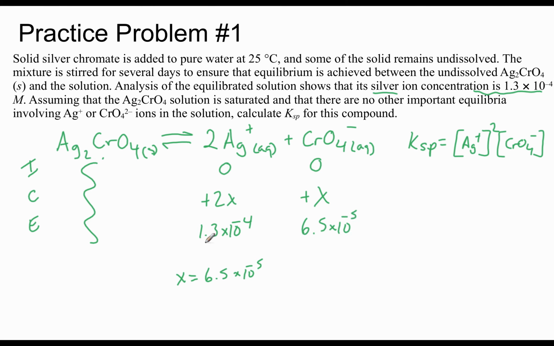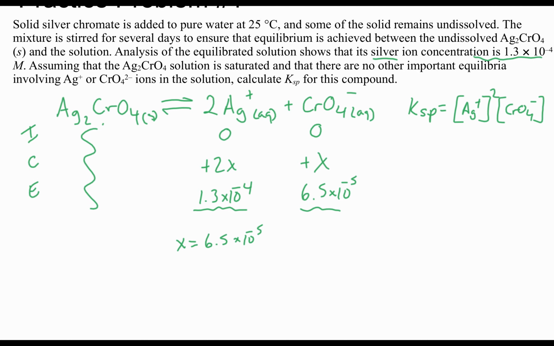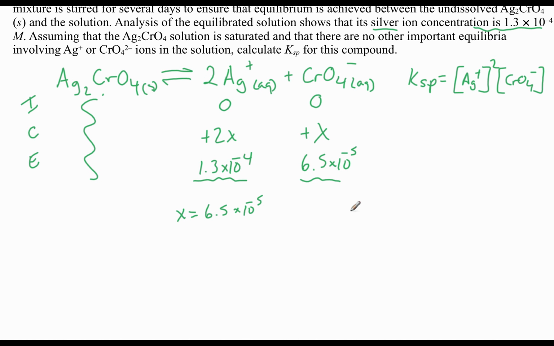Now that I have these equilibrium concentrations, the KSP calculation is fairly easy. I just need to plug it into the KSP equation. So KSP equals the Ag concentration, 1.3 e to the negative fourth, squared, times the concentration of CrO4, 6.5 e to the negative fifth.